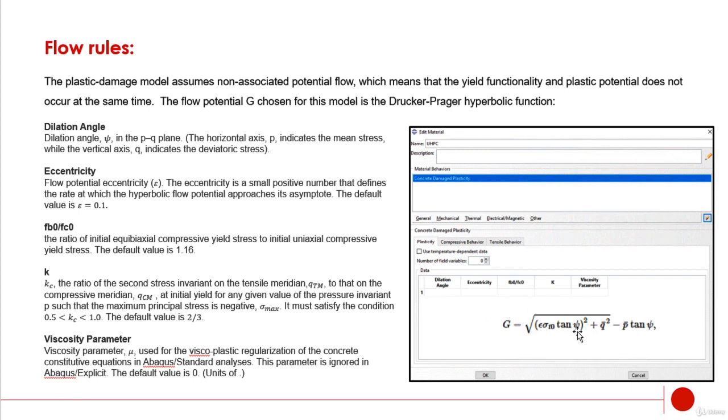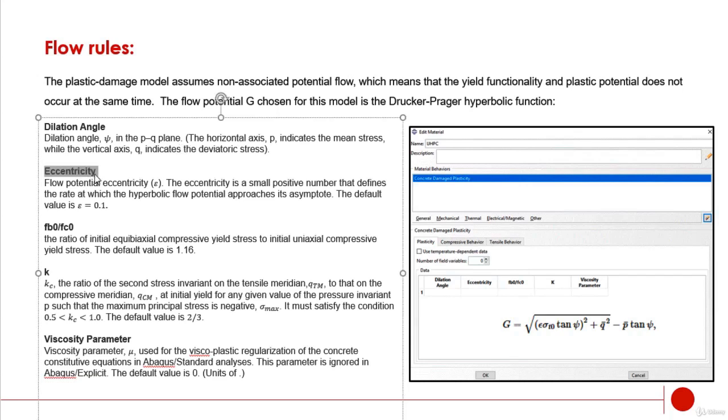All this data comes from the Abaqus help. Then we have the dilation angle, which controls the amount of plastic volumetric strain developed during plastic shearing, and it is assumed constant during plastic yielding. This is in the p-q plane, where the horizontal axis p indicates the mean stress, while the vertical axis q indicates the deviatoric stress.